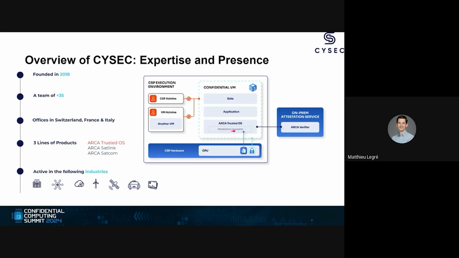And so Arca Trusted OS has the capability to request attestation reports from the CPU, and also the capability to forward those attestation reports to an attestation service that is running on-prem, on the premises of the end user, so that the end user can easily verify the certificates of those attestation reports, and based on the value attested by those reports, take some actions on it. So that's the main idea.